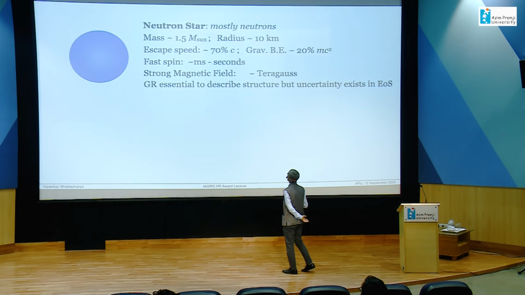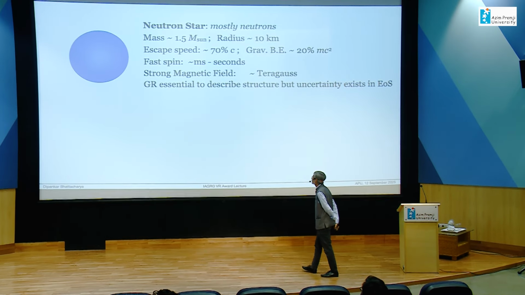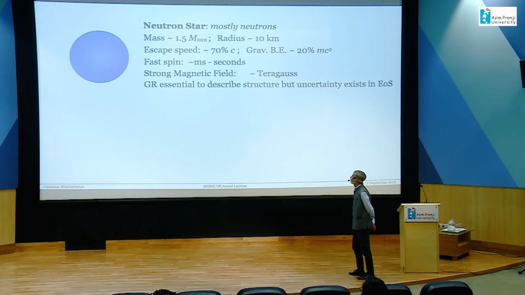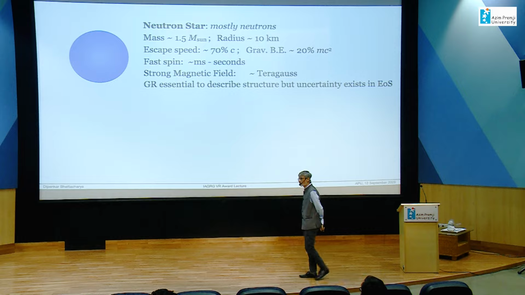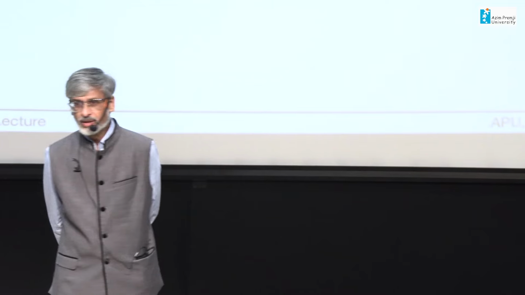The radii are of the order of 10 kilometers. But if you take this much mass and concentrate it onto this small volume, you will note that the average density of these objects is like the density inside an atomic nucleus.